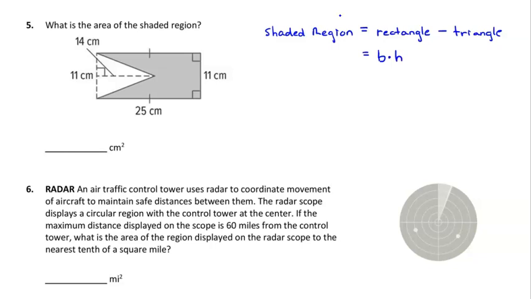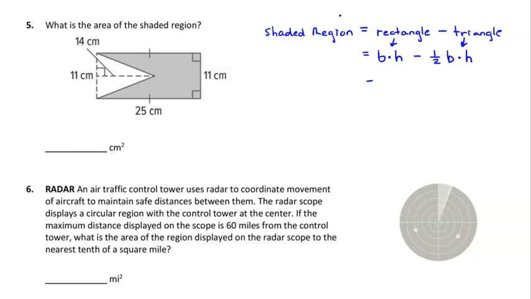And then we've got minus 1/2 times the base of the triangle times the height of the triangle. I don't want you to think that those B's and those H's are the same thing, because they're not. They're talking about the rectangle and then the triangle, so just be careful.